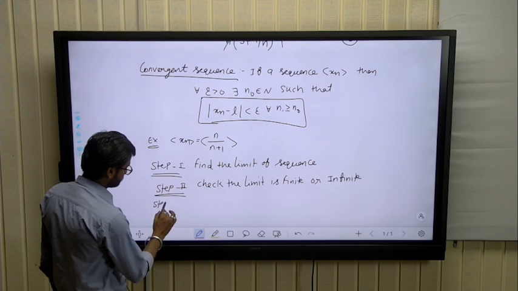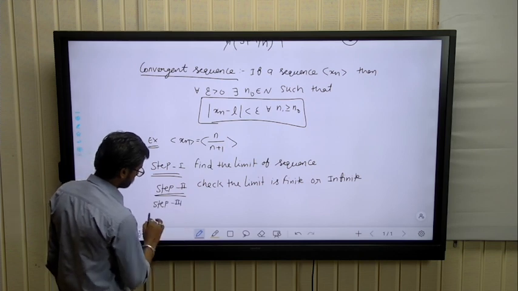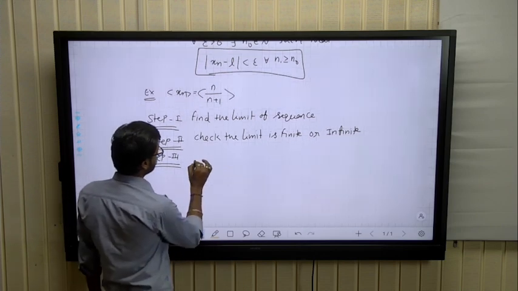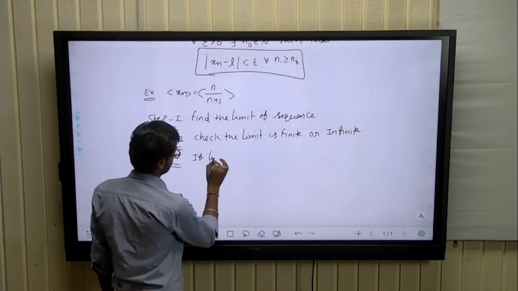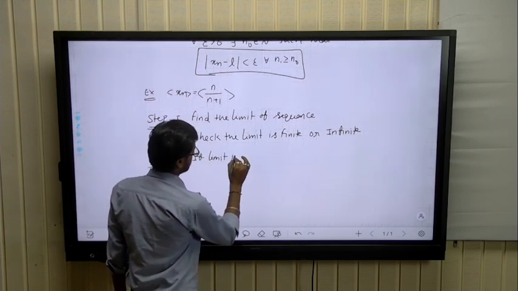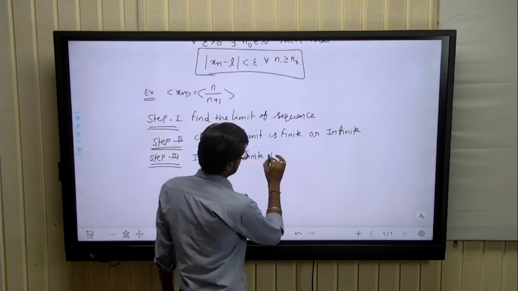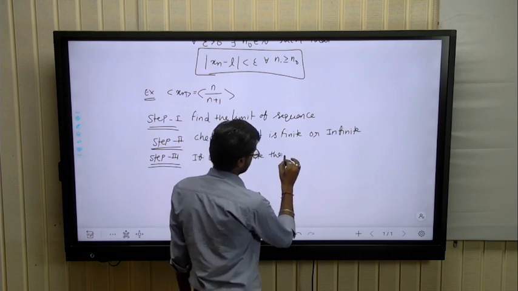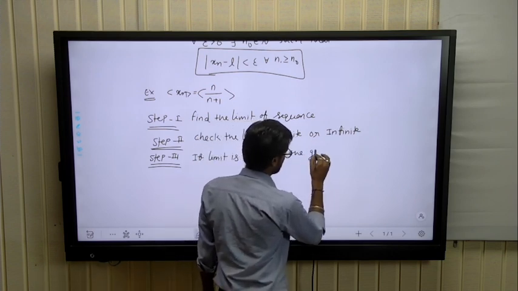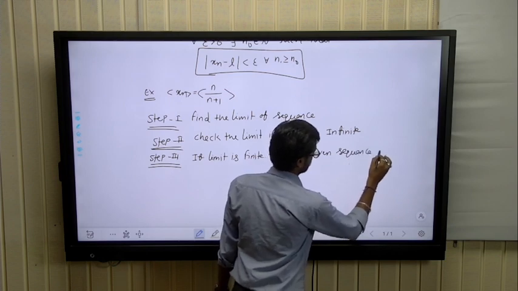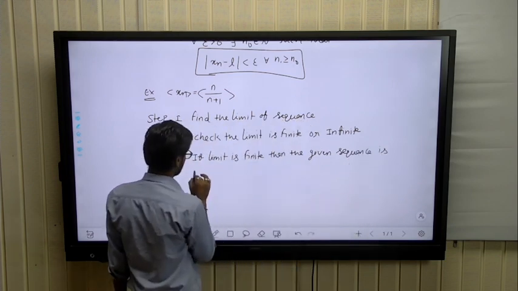Step three, if the limit is finite, then the given sequence is convergent.